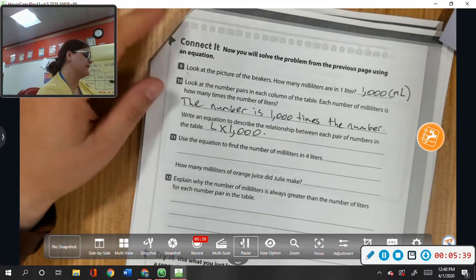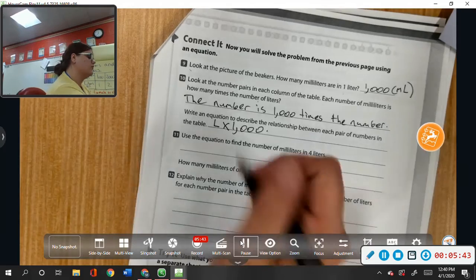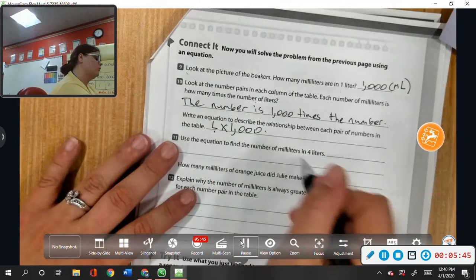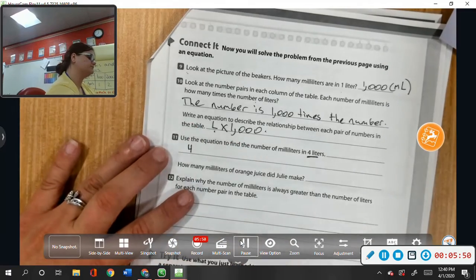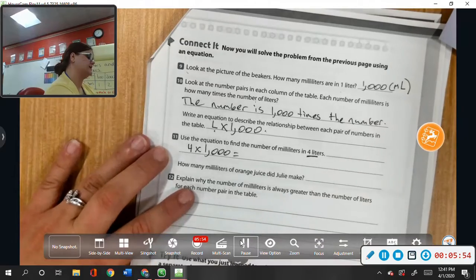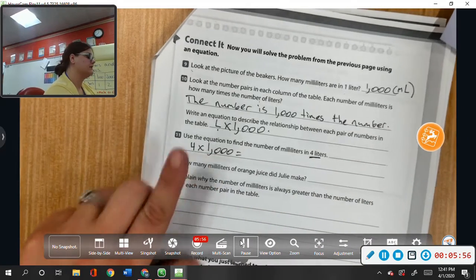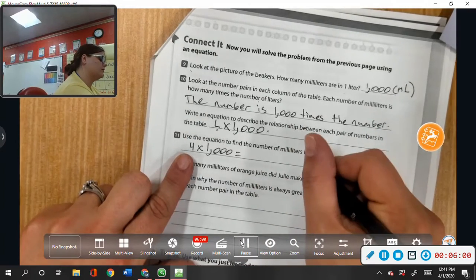Use the equation to find the number of milliliters in 4 liters. We're going to do the same thing we were doing on our chart. We replace that L with the amount of liters that they gave us, 4, and multiply that by 1,000, because there's 1,000 milliliters per liter, and we have 4 liters here. You can also look at it as a bar model if that helps.